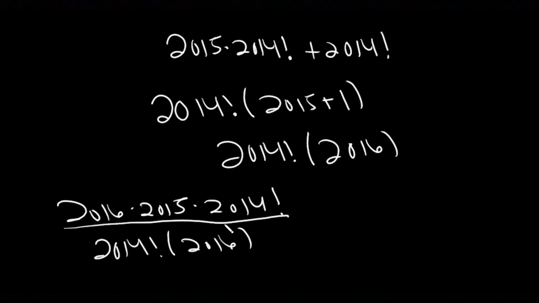You're going to have factors that end up canceling out. For example, I have a 2016 on my numerator. I also have it on my denominator. That cancels. Then I have a 2014 factorial on my numerator and a 2014 factorial on my denominator. Those will cancel. And look what I'm left with. I'm left with 2015. So that is going to be our final answer.